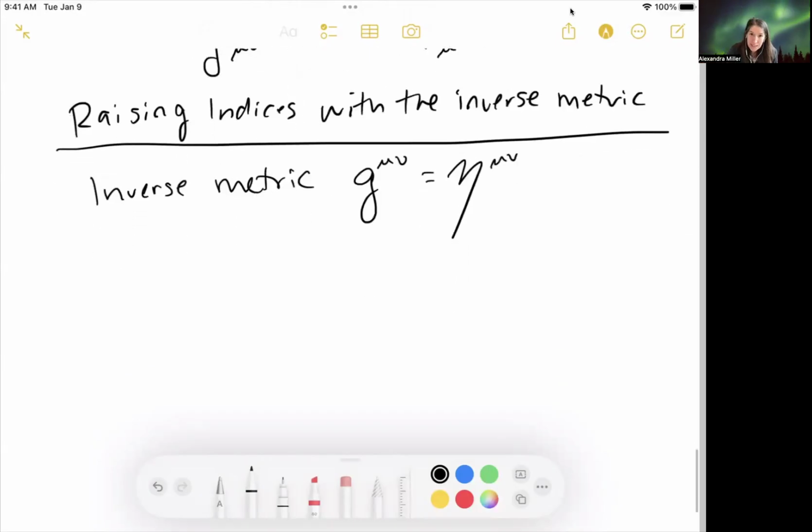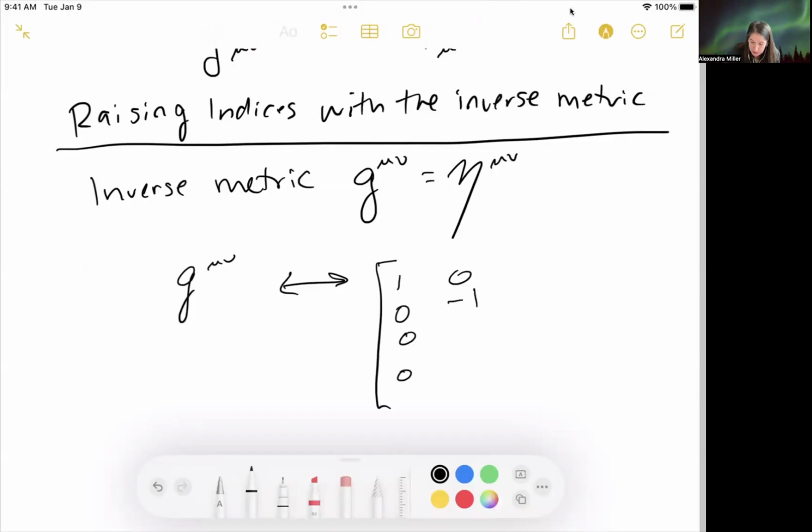Happily, for special relativity, the values of our metric are going to be the same. So this g mu nu looks exactly the same as the object with lowered indices. Remember, in general, an object with upper versus lower indices is different.